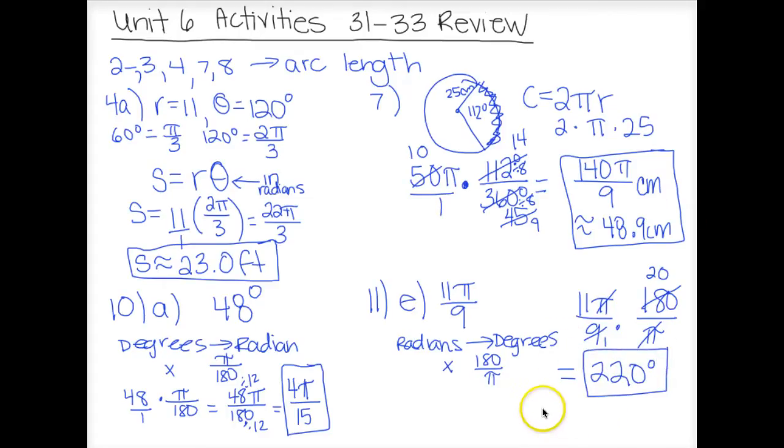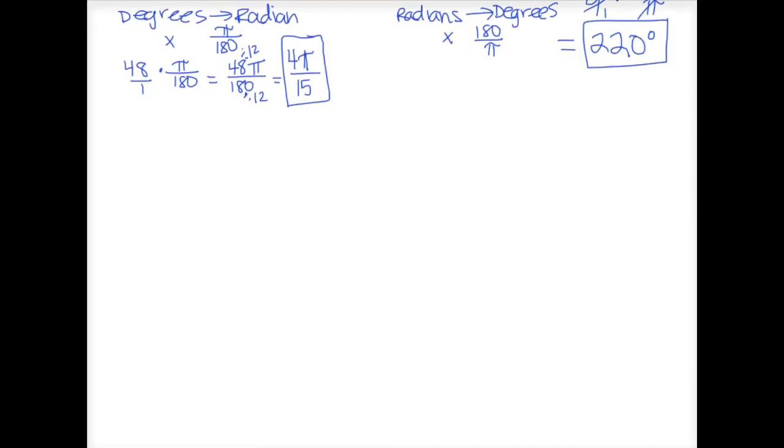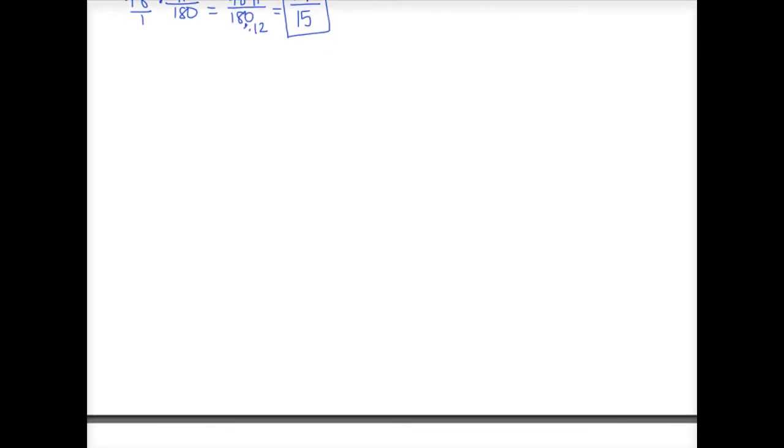Again, please use common sense. If you are converting into degrees, there should be no pi's in your answer. If you're converting to radians, there should always be a pi in your answer. So just make sure that you check that, with your common sense meter once you have finished the problem.